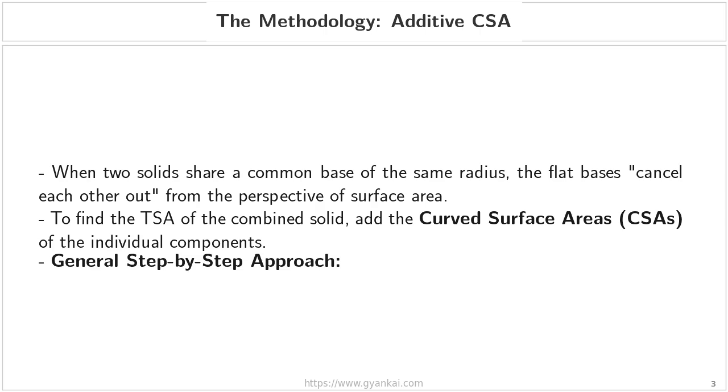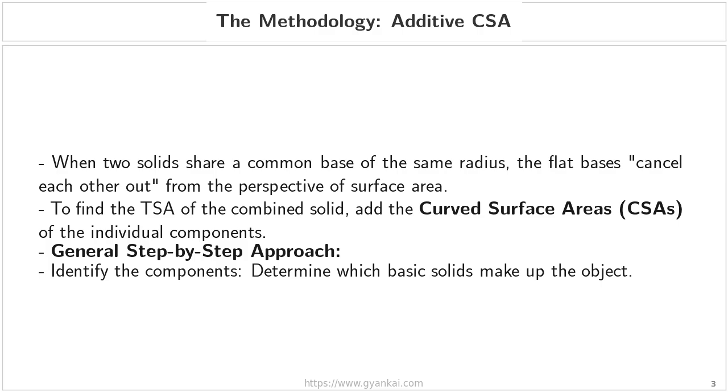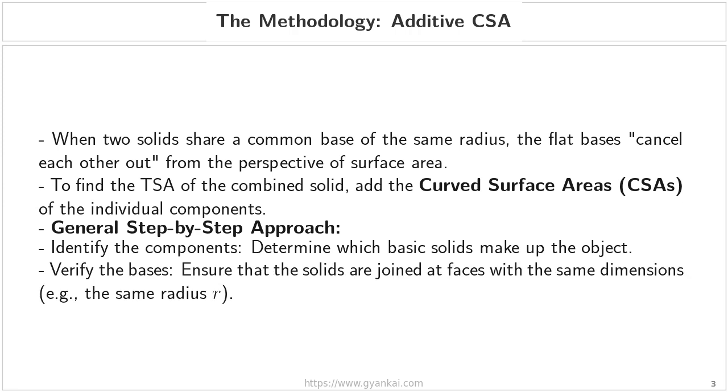To make sure you get this right every time, I want you to follow this general step-by-step approach. First, identify your components. Look at the complex object and determine which basic geometric solids, like cones, cylinders, or hemispheres, make up the whole. Second, verify the bases. This is crucial. You must ensure that the solids are joined at faces with the same dimensions.